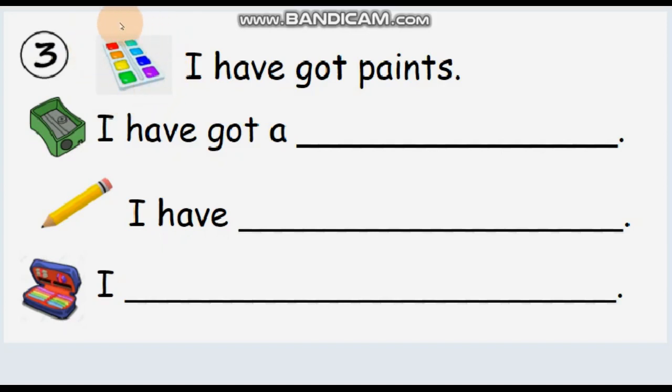Look at the pictures. What is this? Paints. I have got paints. What is this? A sharpener. I have got a sharpener. What's this?